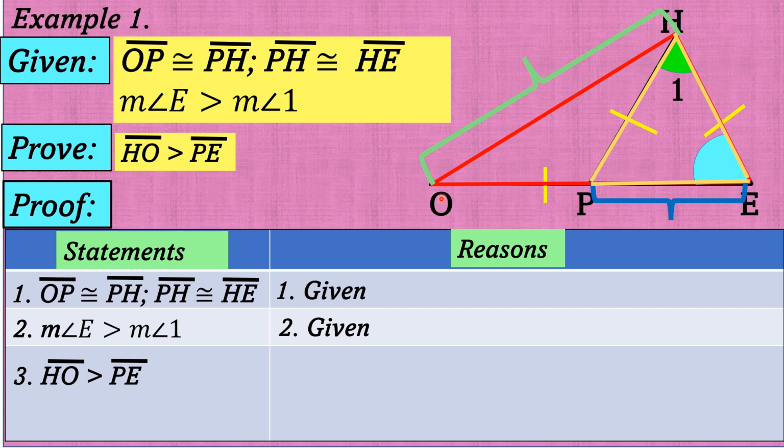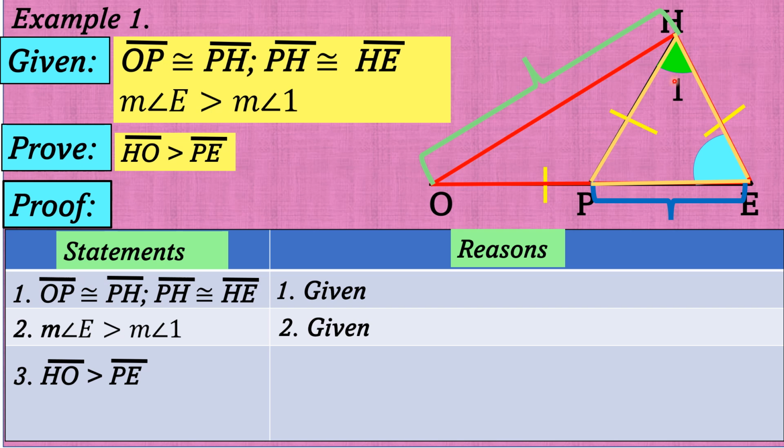So, paano kaya natin ma-prove, and what is our reason to prove that side HO is greater than side PE? So, isa sa mga given sa problem ay ang measure ng angle E, and that is greater than the measure of angle 1.